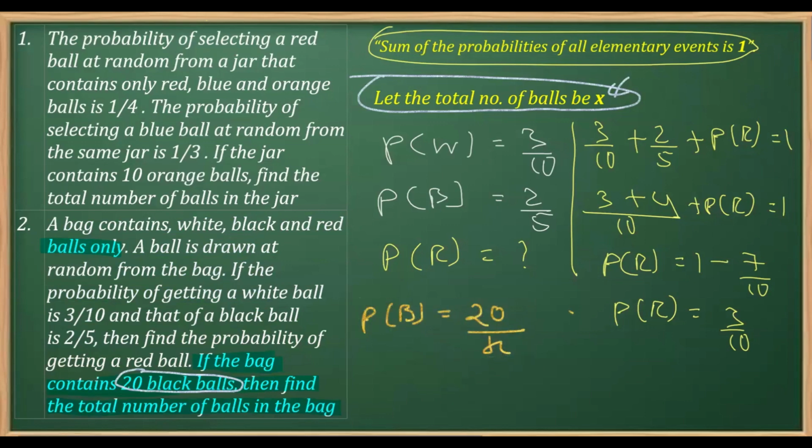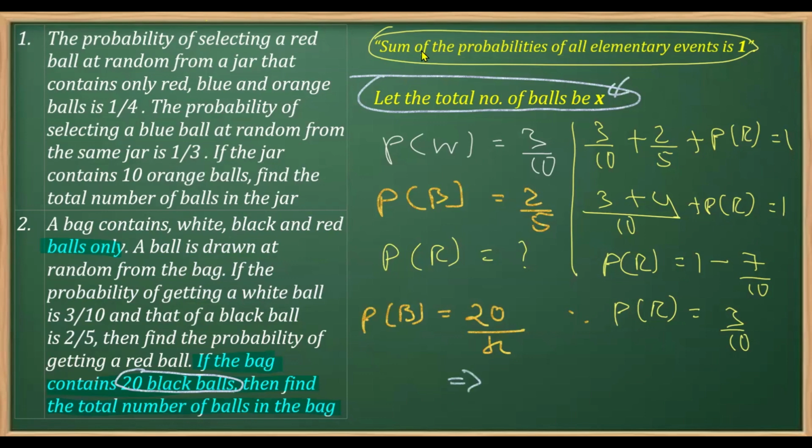One more time, the probability of getting a black ball comes as 20 over x. And you can see that the probability of the black ball is given to us as 2 over 5. So we can equate these two. If you are having difficulty, then watch this again. The probability of the black ball is given, and in terms of the variable, it is this. So we can compare these two.